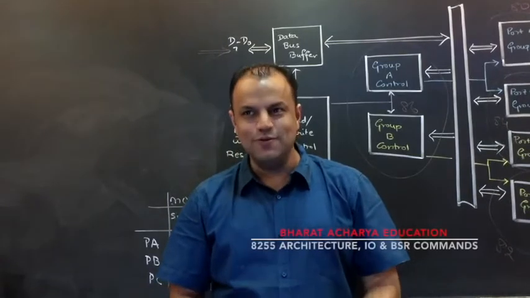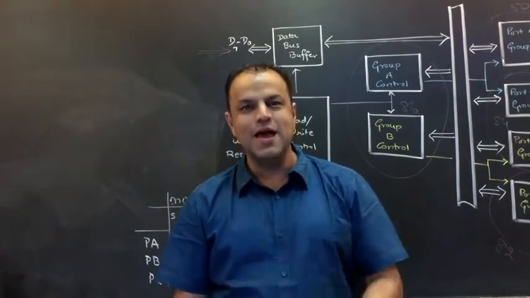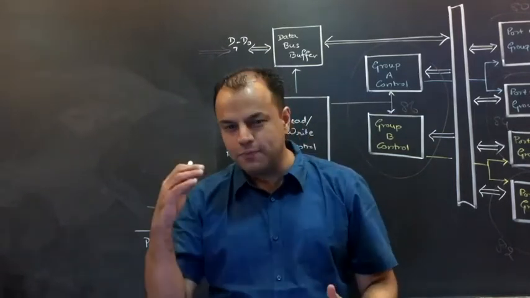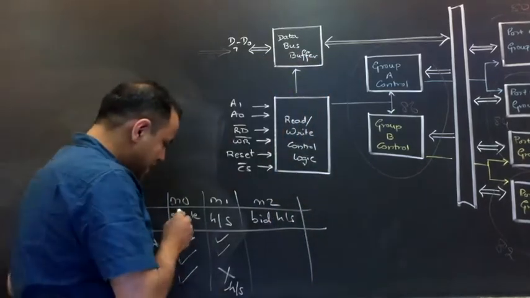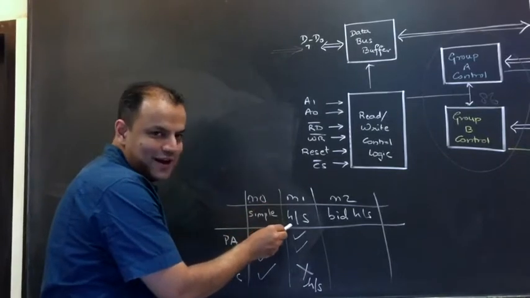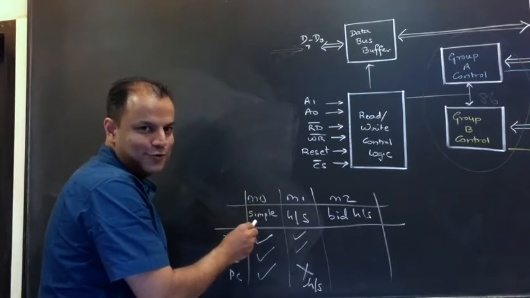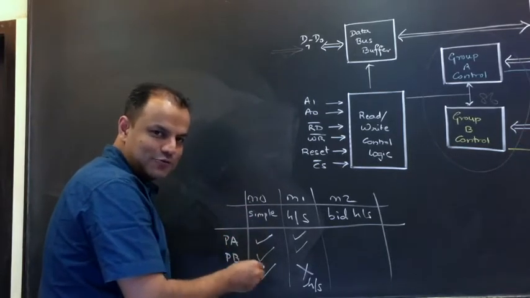Any port which wants to do a handshaking kind of data transfer needs 4 additional lines for performing handshaking. I repeat, look here. Mode 0 is called simple IO, mode 1 is called handshake IO. So it is very obvious that in mode 0 there is no handshaking. Since there is no handshaking, all 3 ports can transfer data.